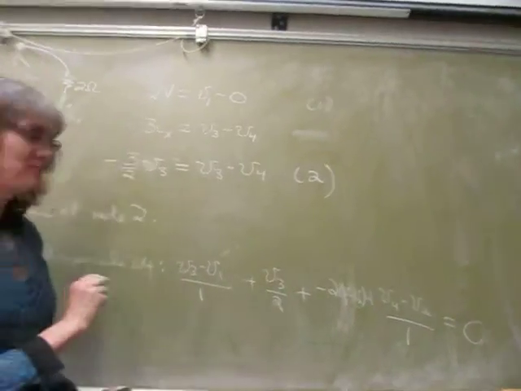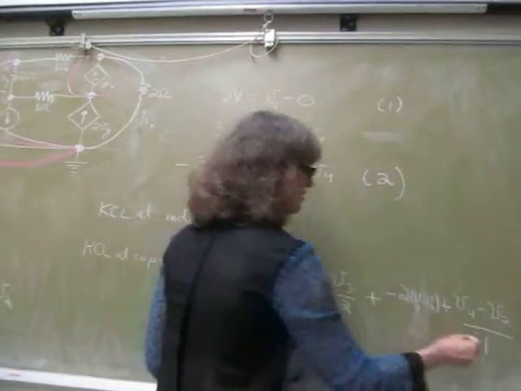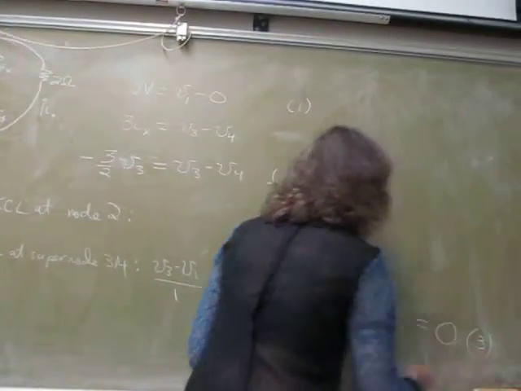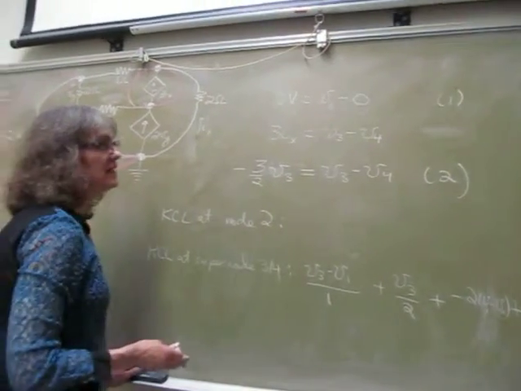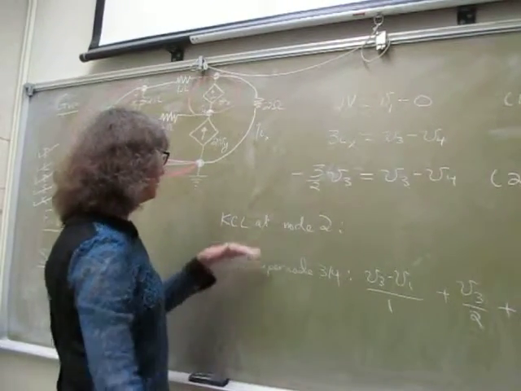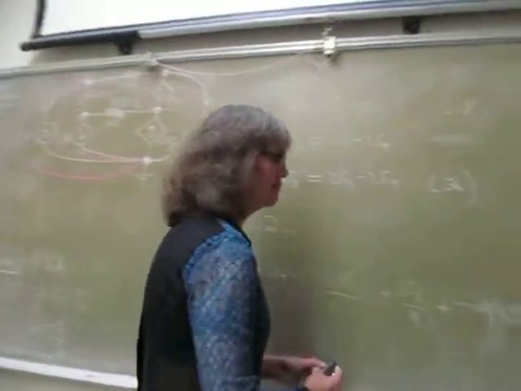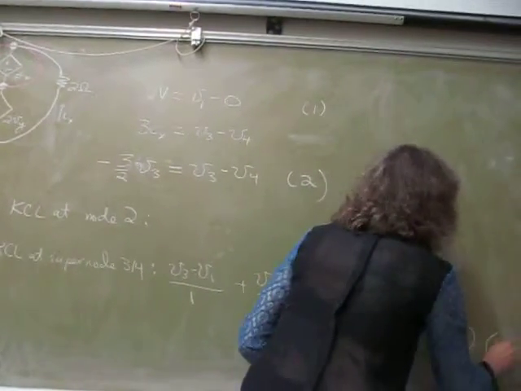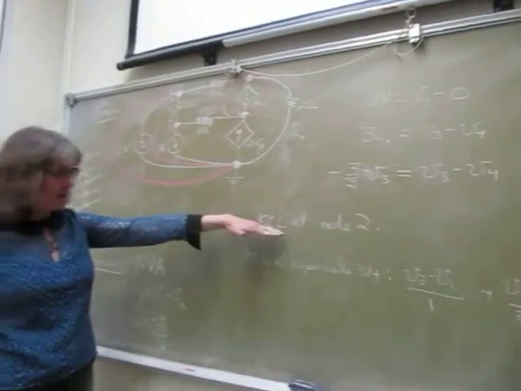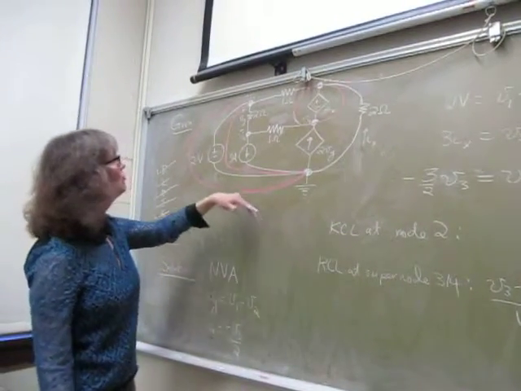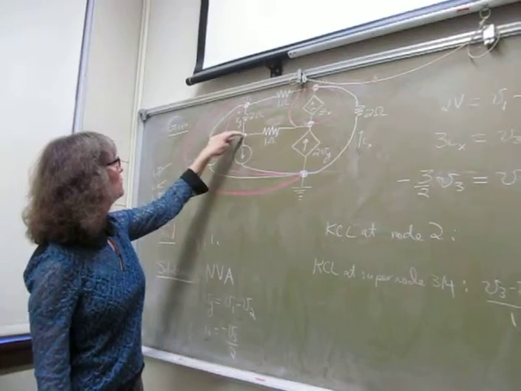And now I'm happy, because I have my third equation, and because it only has node voltages in it. So this is my third of the n equations in n unknowns. And then the last one, the Kirchhoff's current law at node 2, this node right there.